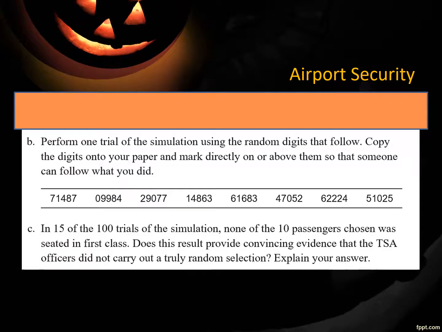And then once you've done that, you're going to basically say, okay, well, in 15 of the 100 trials of the simulation, none of the 10 passengers chosen was seated in first class. Does this provide convincing evidence the TSA officers did not carry out a truly random selection? Please explain your answer.